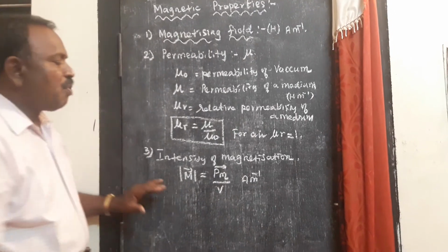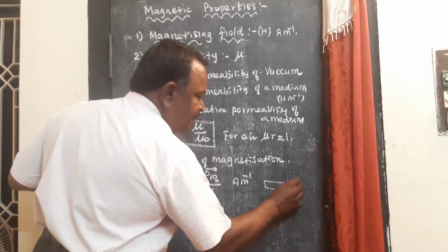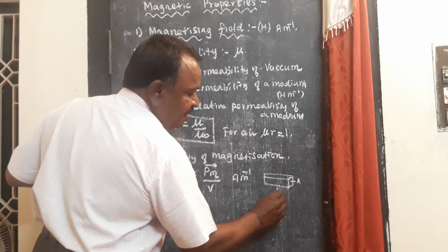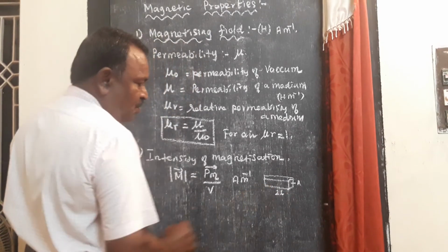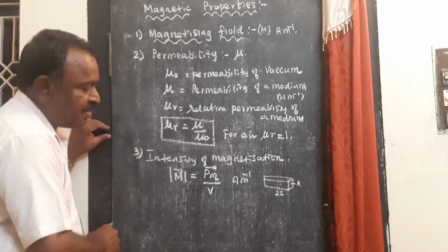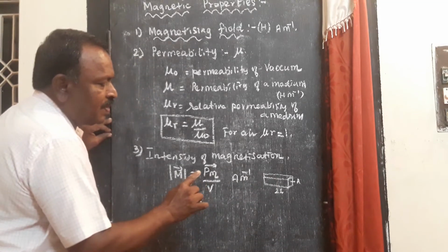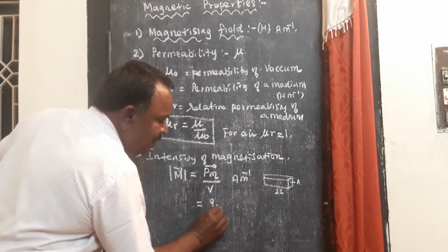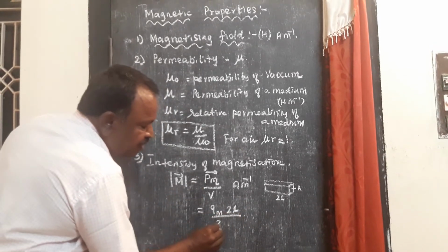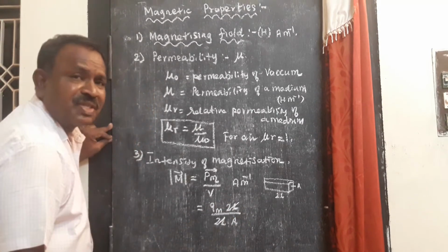When I consider a bar magnet, this bar magnet has area of cross section A and length 2L. Therefore, the magnetic moment of the bar magnet is given by Qm into 2L, and the volume is 2L into A. This 2L and 2L get cancelled.